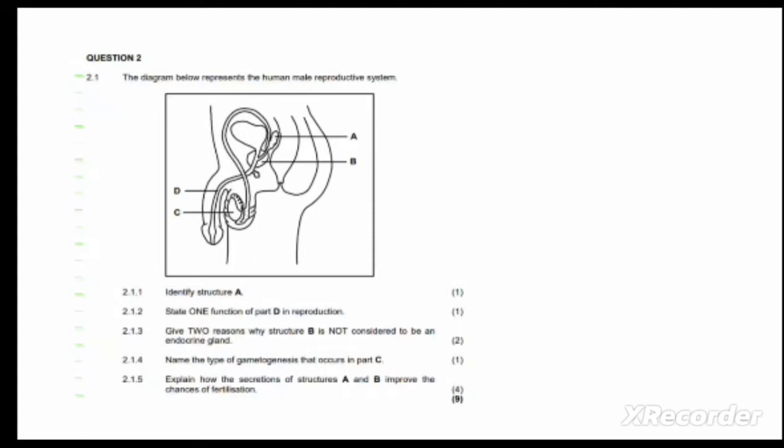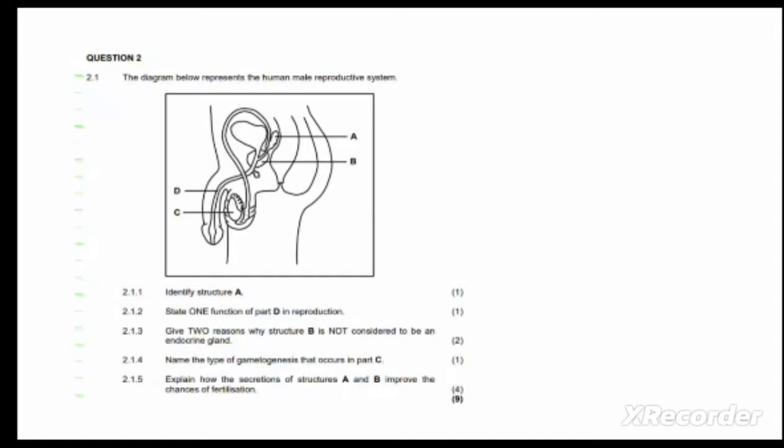That's part B. And then they wrote another one to say the secretion is a fluid mucus which facilitates movement of the sperm cells. But this one is, I think, for the corpus gland. So for A and B, you would just write the first two: the secretion is alkaline to neutralize the acidity of the vagina, and the secretion contains nutrients for the sperm to generate energy for movement.